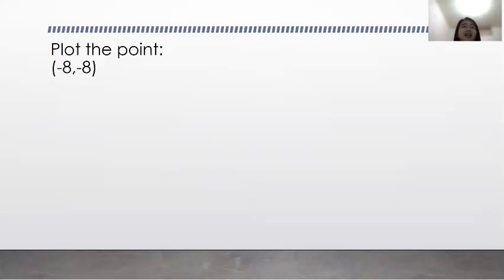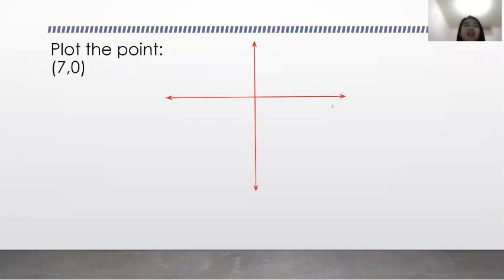Next, let us have more examples. Let's plot the point (7, 0). Of course, to begin, we're going to have the Cartesian plane if you don't have a graphing paper. In my case, I don't have, so let us make a Cartesian plane. Let's proceed.